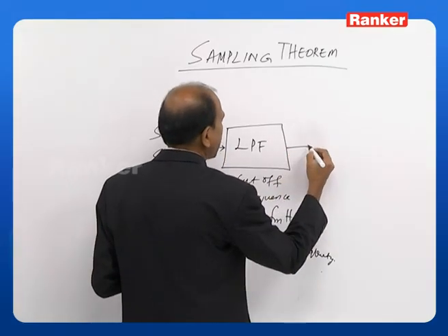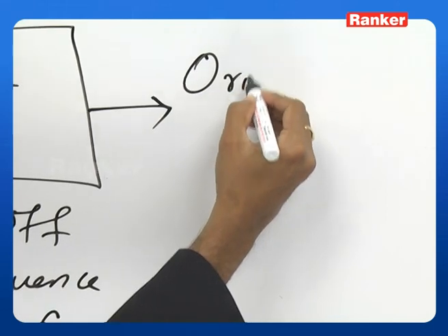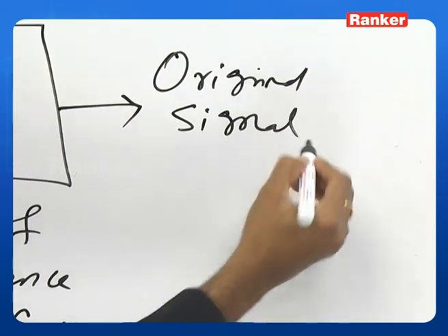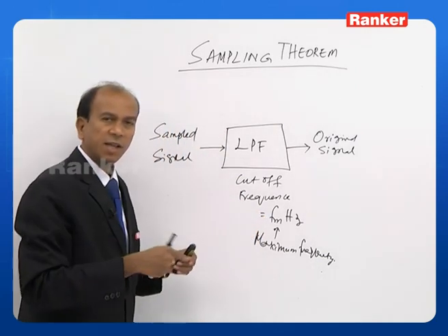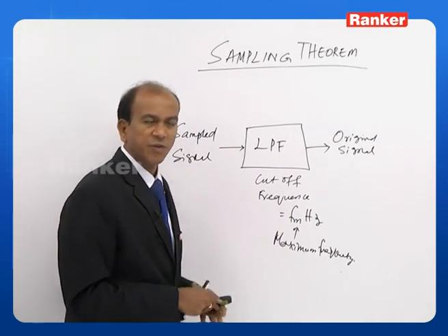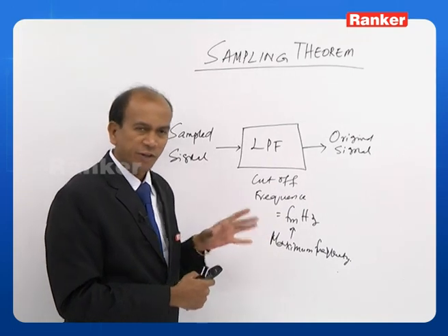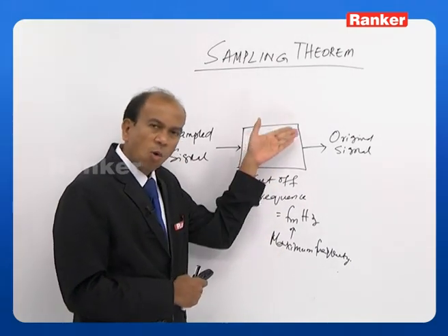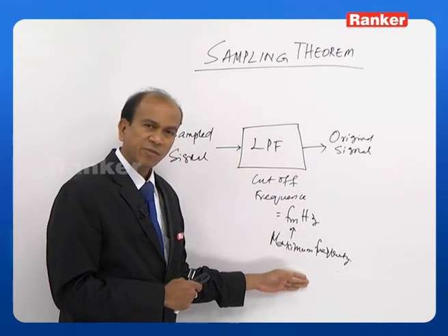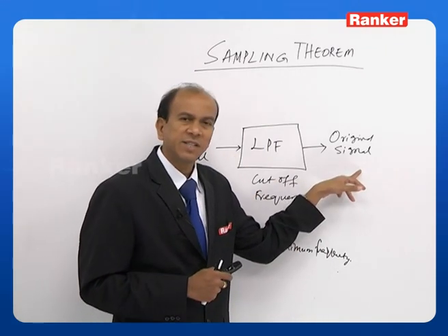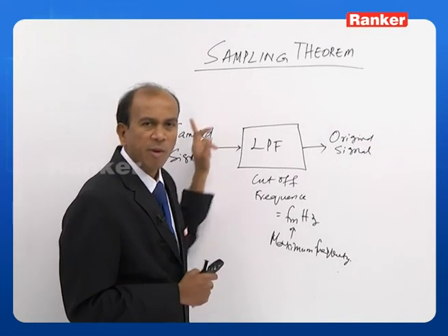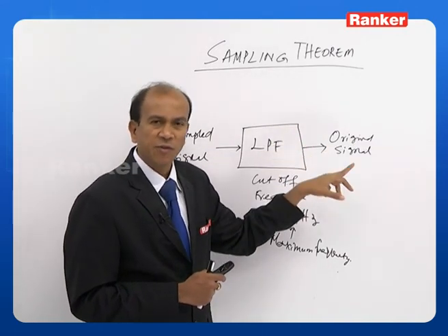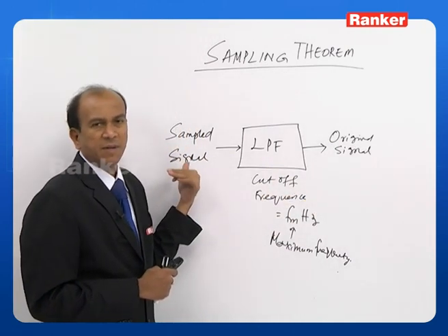So, what will I get? I will get the original signal. The whole thing is called the recovery or reconstruction of the signal, which is termed interpolation. So, take the sampled signal, pass it through a low pass filter whose cutoff frequency is equal to the maximum frequency, then I will get the original signal back. This whole process is called the interpolation or reconstruction of the original signal from the sampled signal.